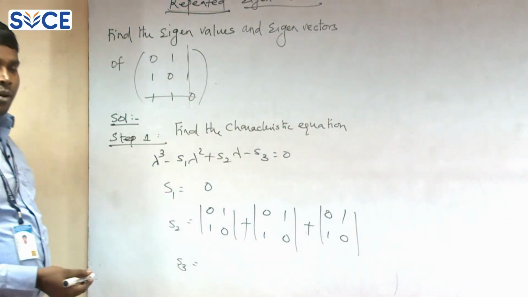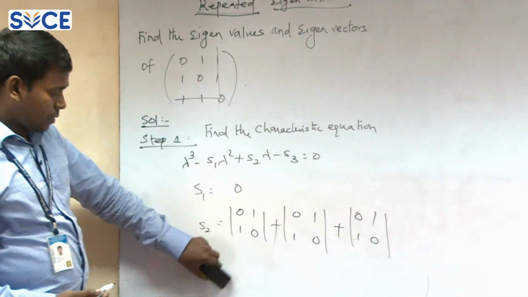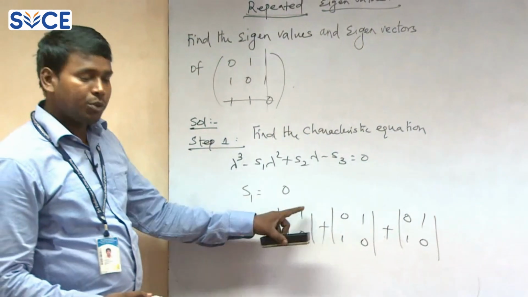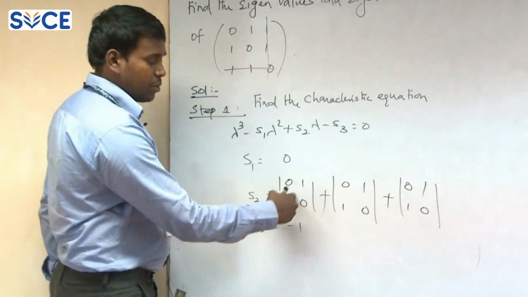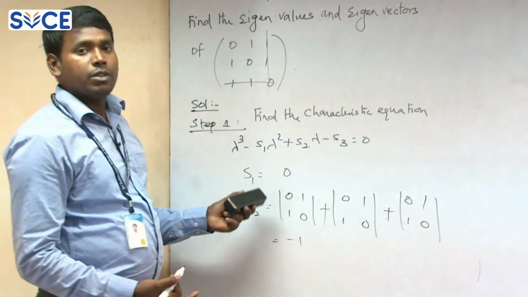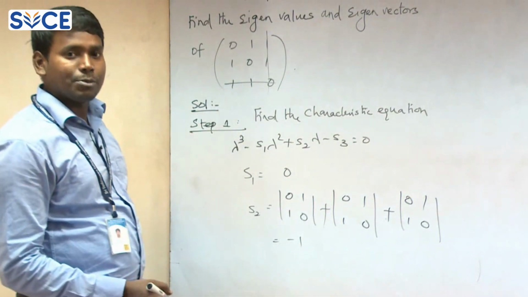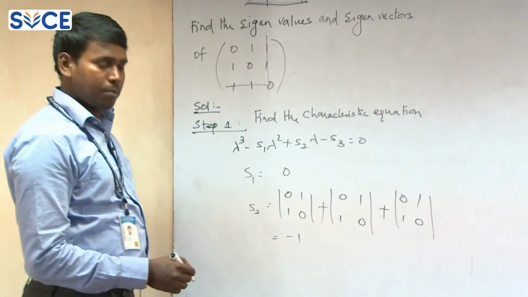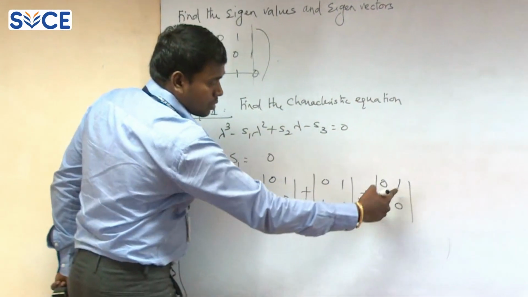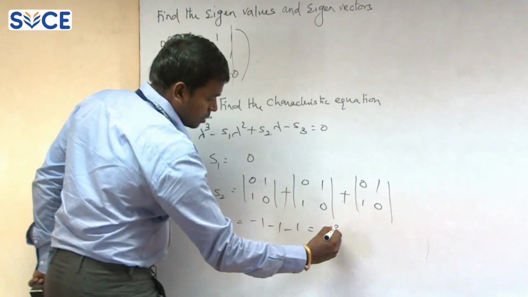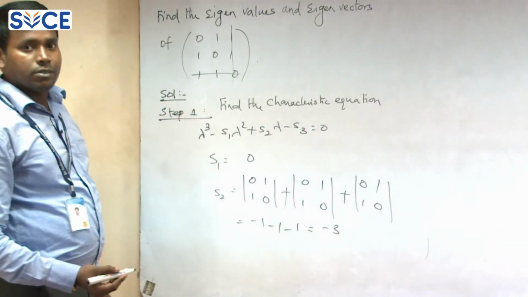This is a 2 by 2 determinant. I hope everyone knows how to expand. First multiply from up to down, then down to up: 0 into 0 is 0, and 1 into 1 is 1. Whenever we multiply from down to up, we should include the opposite sign, so plus means minus and minus means plus. So minus 1 each time. So the answer is minus 3.